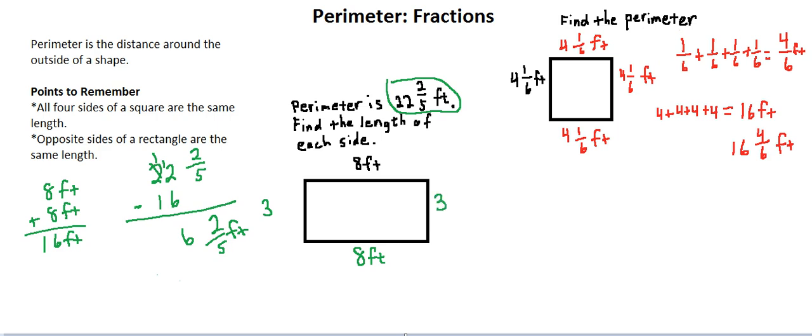Where it's going to get a little bit tricky here is with the 2/5. All right. So what I'm going to do is draw a little picture here to help me out.